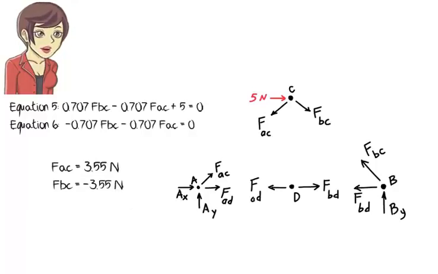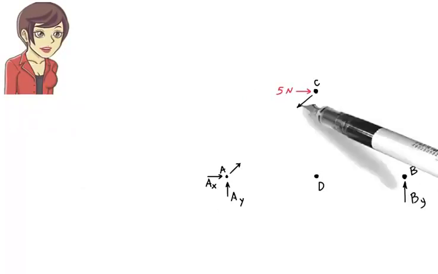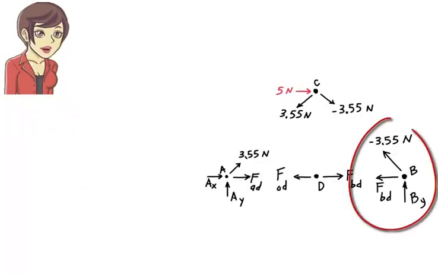The free body diagrams are now further simplified. Note that joint B now has only 2 unknown forces, FBD and BY. So I am going to use equations 3 and 4 to find these unknowns.